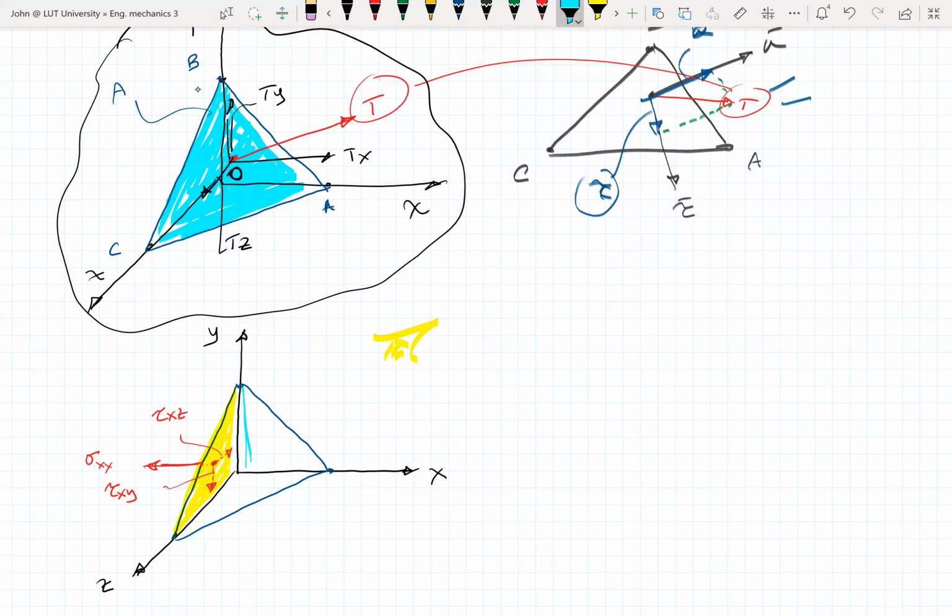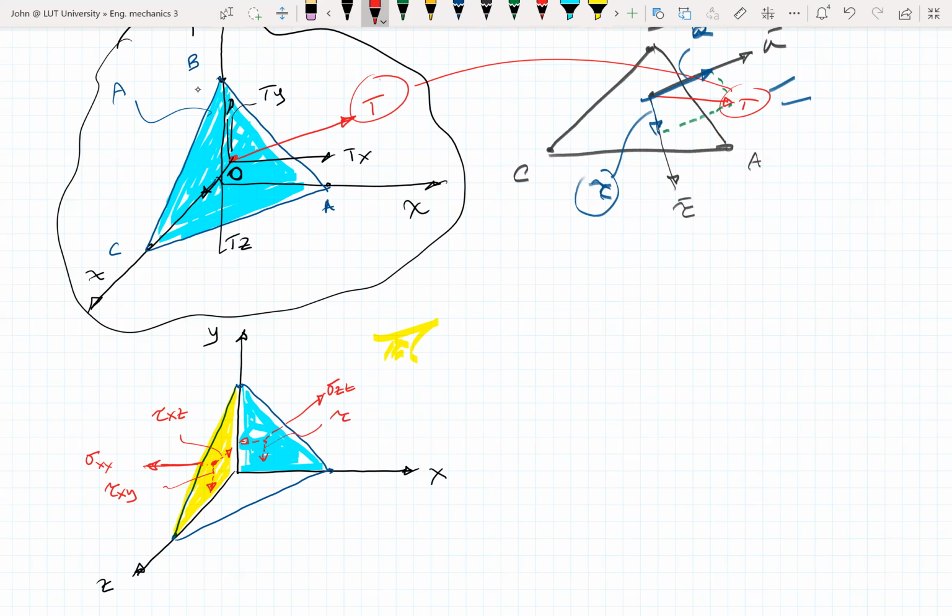In this other plane, I will have normal stress sigma zz, but I will also have this shear stress and this shear stress.